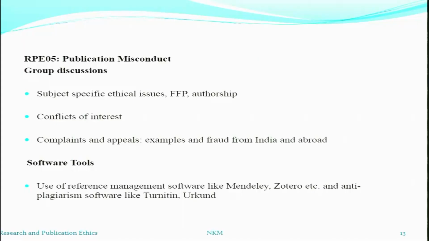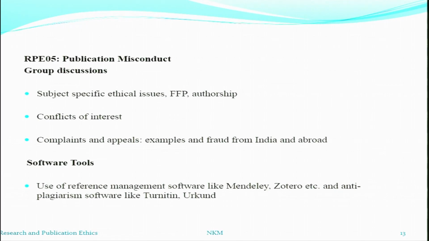So further, in the 5th unit, we'll talk about publication misconduct, and there I will be involving some discussions in the lectures where we talk about subject-specific ethical issues from biotechnology, medical science, and the humanities. And then we'll talk about how falsification, fabrication, and plagiarism are a great problem and cause publication misconduct.